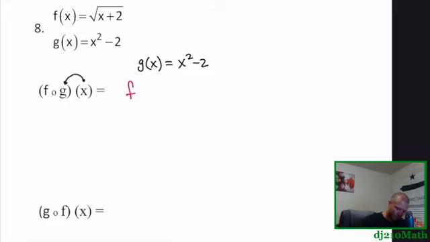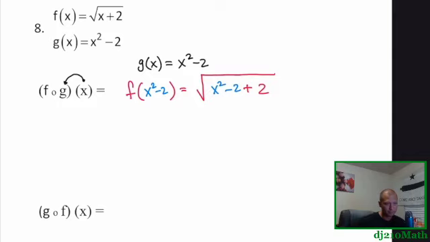So f of x is equal to square root of x plus 2. Now notice I left all these blank because I want you to see how the inputs look. Everywhere there's supposed to be an x, we're putting x squared minus 2, because we're plugging g into f.